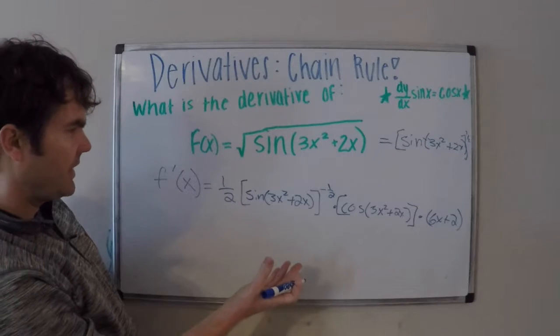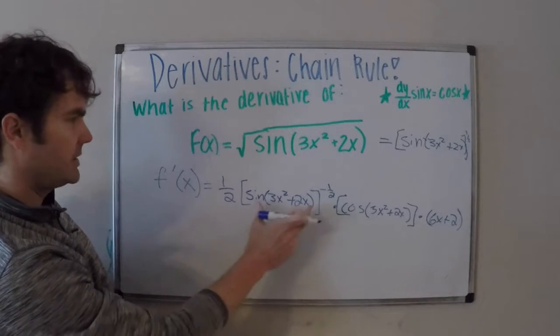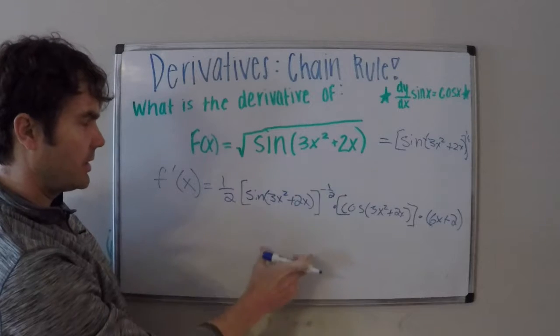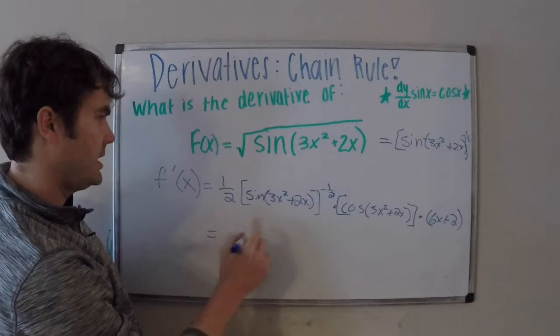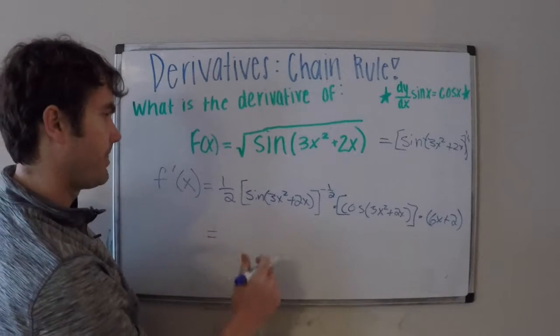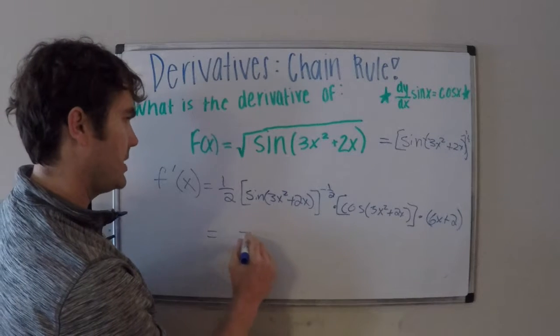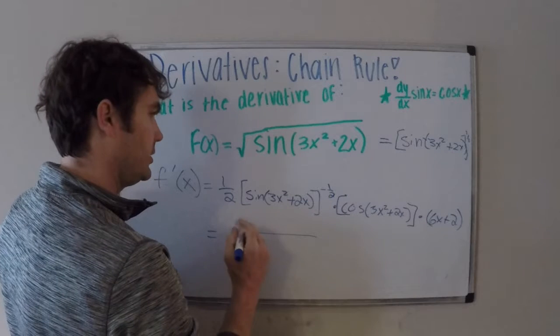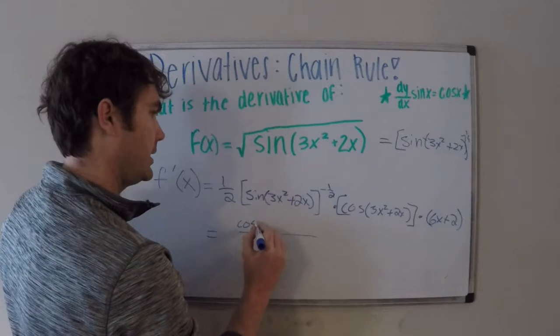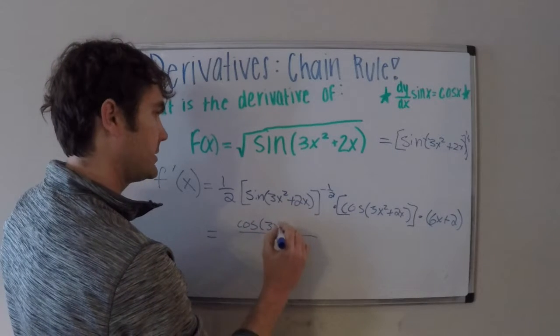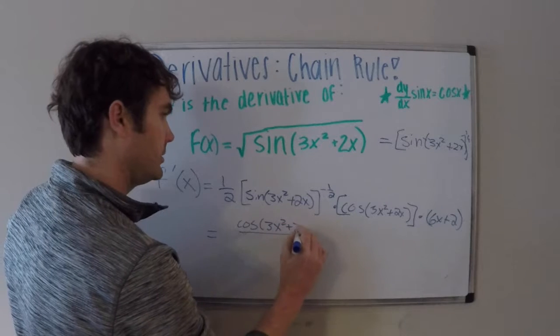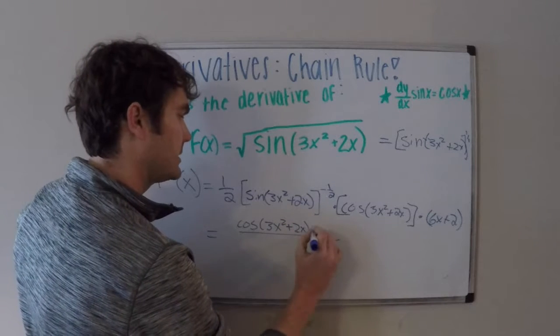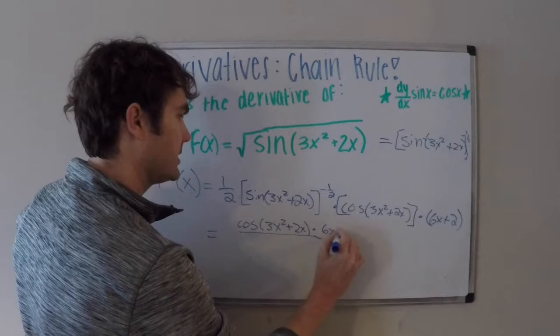Sometimes you could simplify it. A lot of times you'll see, because this is a negative exponent, I can move this down to the denominator. So I'll rewrite it the way you may see it. Let's leave these two on the top in the numerator: cosine of 3x squared plus 2x times 6x plus 2.